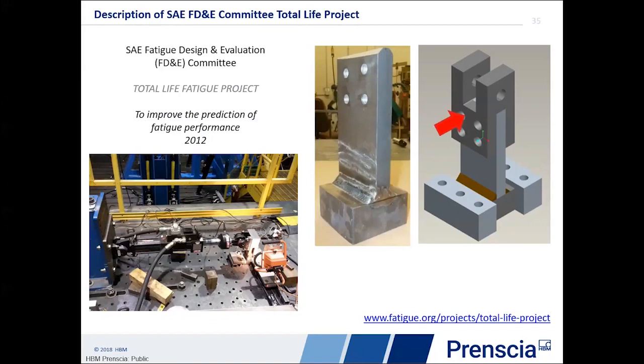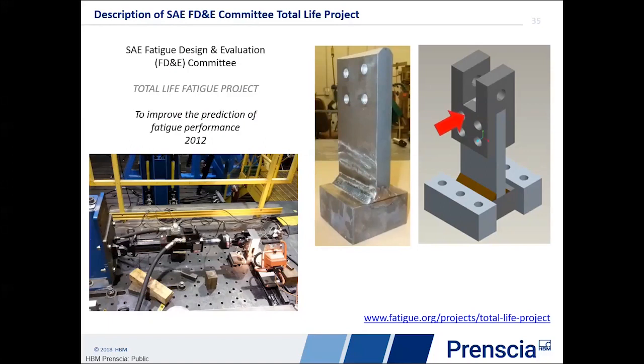They went through a wide range of material characterizations, both for strain life as well as crack growth of this A36 material. They have done detailed measurements of the weld toe and weld root geometries. They have done physical simulations as well as experimental tests to calculate residual stresses on these components.